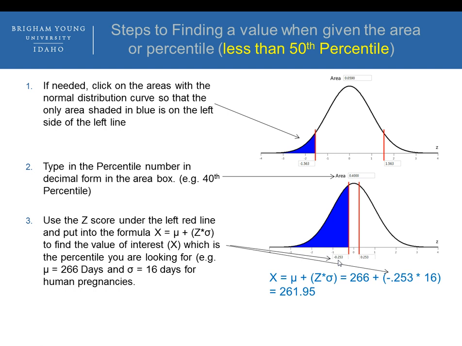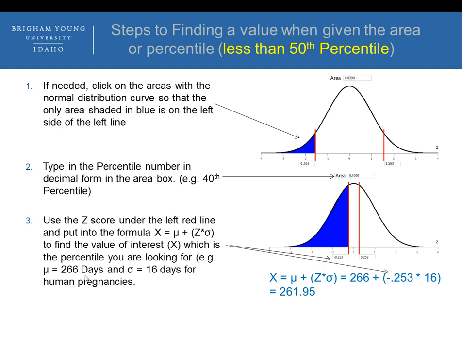Then the next thing I'll do is use the z-score under the left red line and put it into this formula here. This formula looks a little different, but it's not much different from the z-score. Instead of solving for z, we're just using basic algebra to solve for x. Define the value of interest, which is x, the percentile you're looking for.